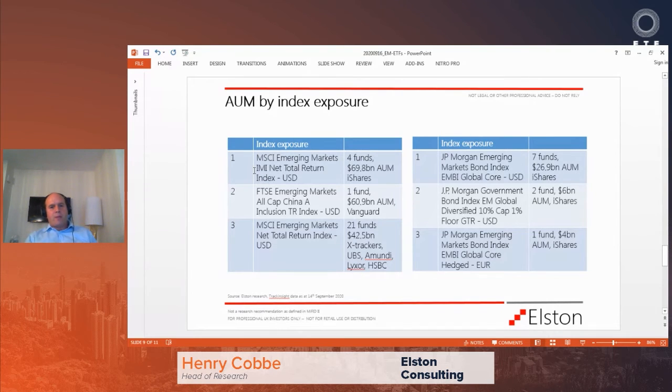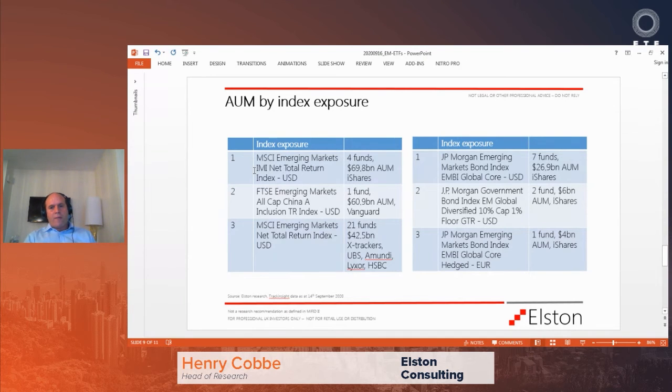Next down is the FTSE Emerging Markets All Cap China, including China, which is just one fund, the Vanguard fund with 61 billion of assets. And third is the traditional MSCI Emerging Markets, effectively the all stocks index, with 21 funds tracking that and 43 billion, and that's where X-Trackers, UBS, Amundi, Lyxor, HSBC are all in that space.